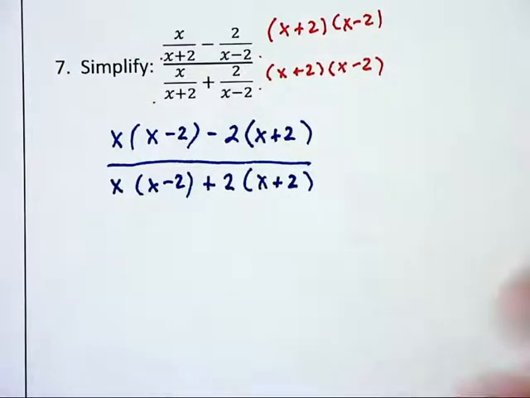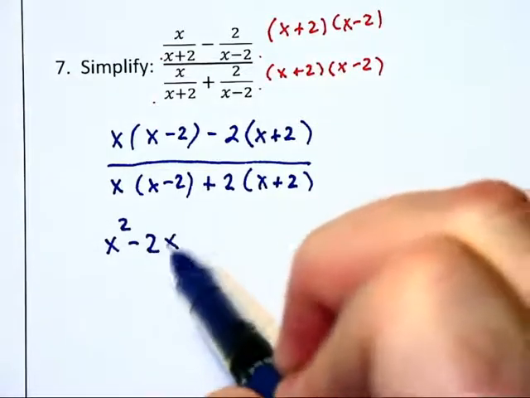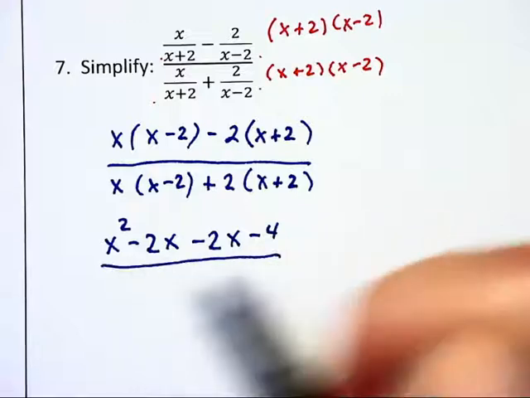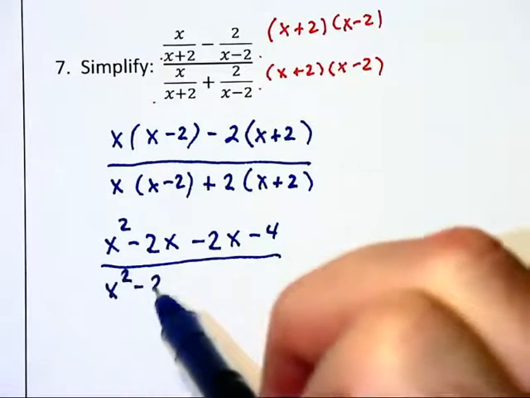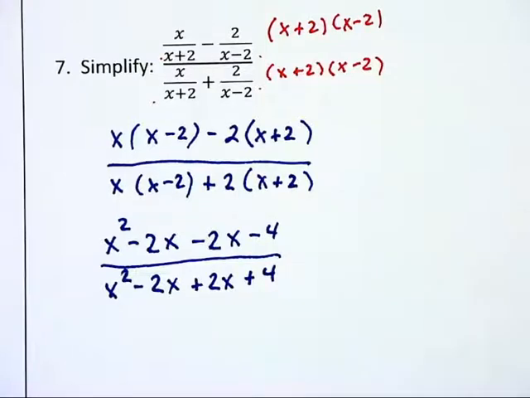Now we've got some distribution to do. We will have x squared minus 2x minus 2x minus 4 in the numerator divided by x squared minus 2x plus 2x plus 4 in the denominator. Okay, let's see what we've got.